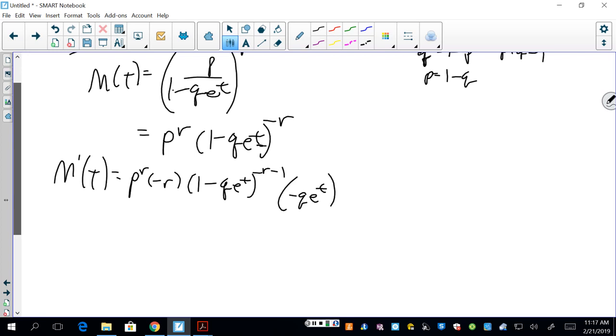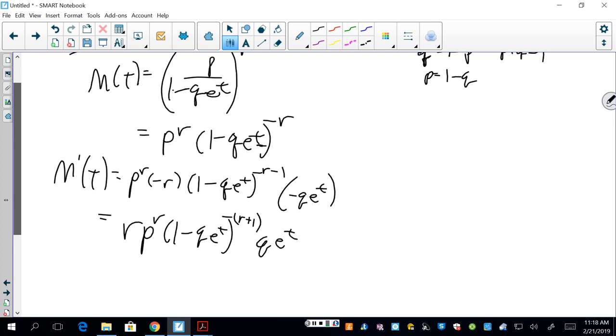All right, so there's a couple of negatives in there. Get rid of those. I'll pull an r out front. And then there's 1 minus q e to the t. Negative. Now, this negative r minus 1 can be written as negative of r plus 1. And then there's a q e to the t.